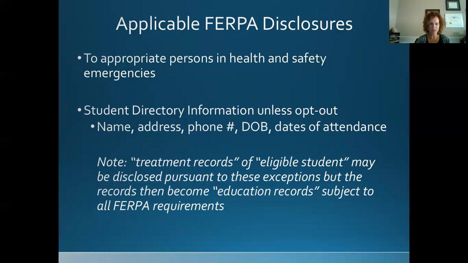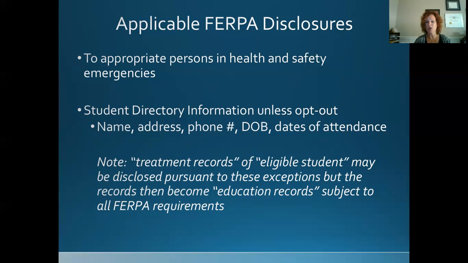And please note, as I mentioned at the bottom here, that treatment records of an eligible student, which, as I mentioned earlier on, are those students that have either reached the age of 18 or that at any age are attending a post-secondary institution, may be disclosed pursuant to these exceptions.